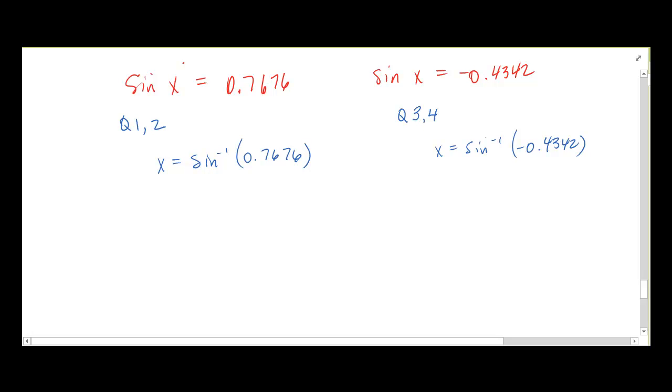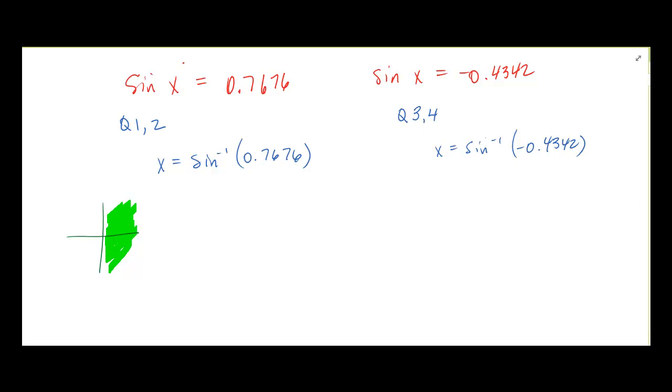Remember, when I take the inverse sine on the calculator, I had to restrict my domain, and the domain of inverse sine is only for values here in quadrants 1 and 4. So when I take the inverse sine on the calculator, it's only going to give me one of my two solutions that are positive. So it only gives me one angle, and I need to find the other one.